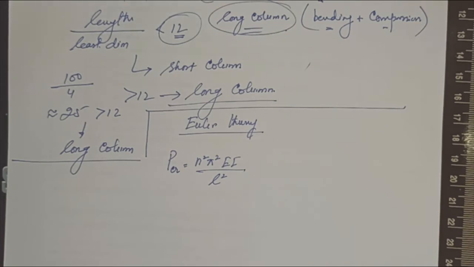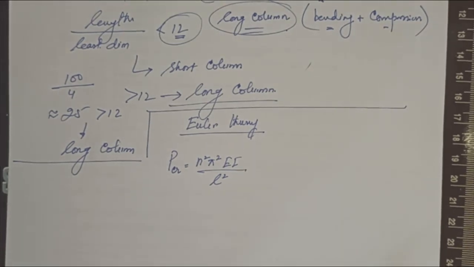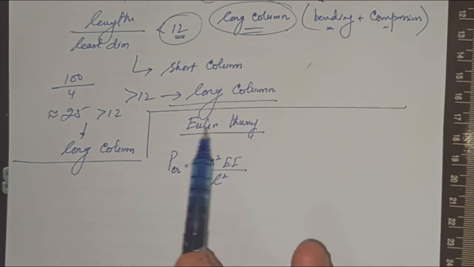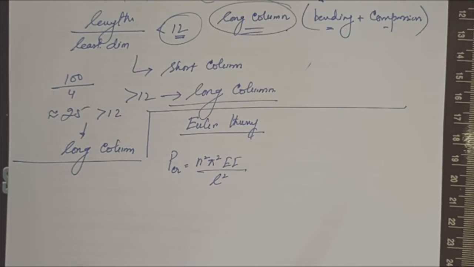Now there are many terms that require an explanation, and you would also like to know how this expression is obtained. That is also important. So we'll do a simple quick derivation here. First of all, we will try to obtain the expression of P critical.